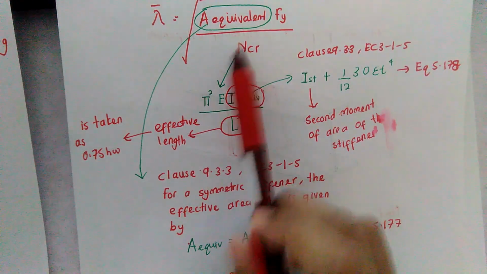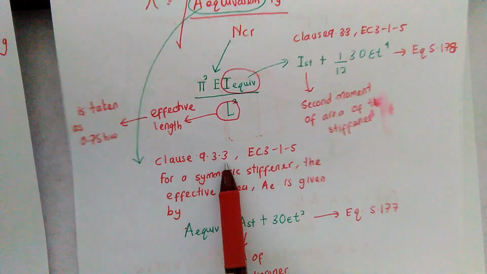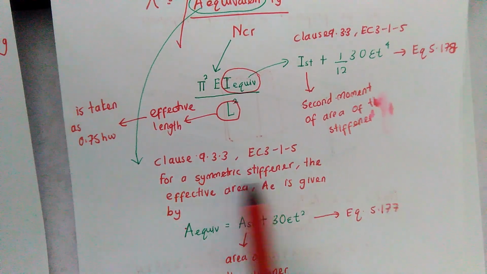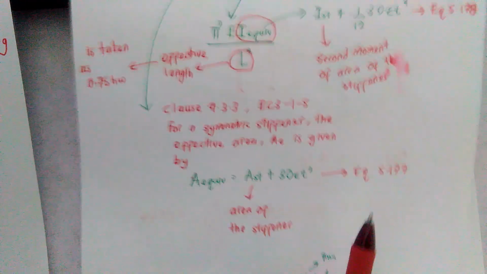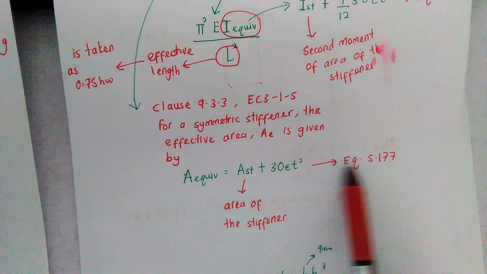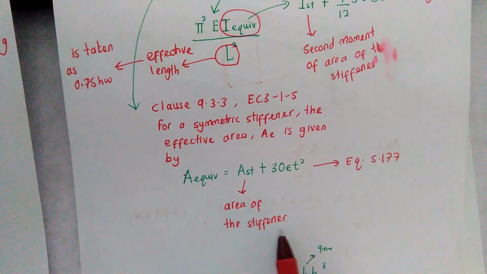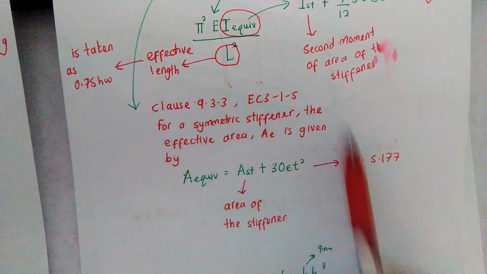For A equivalent, you can look at clause 9.3 of EC3 1-5. For a symmetric stiffener, the effective area A_e is given by these equations, whereby you can get it from equation 5.177. A_st is the area of the stiffener. Let me show you the slides in our notes.